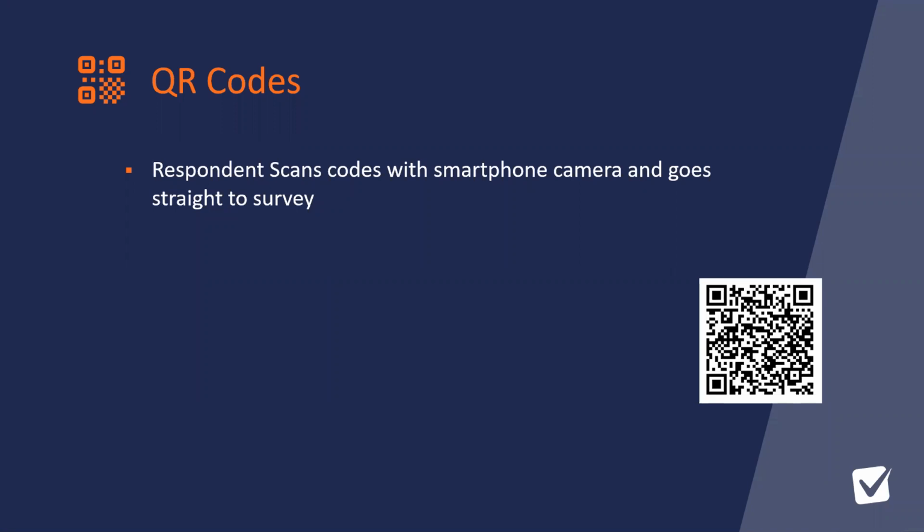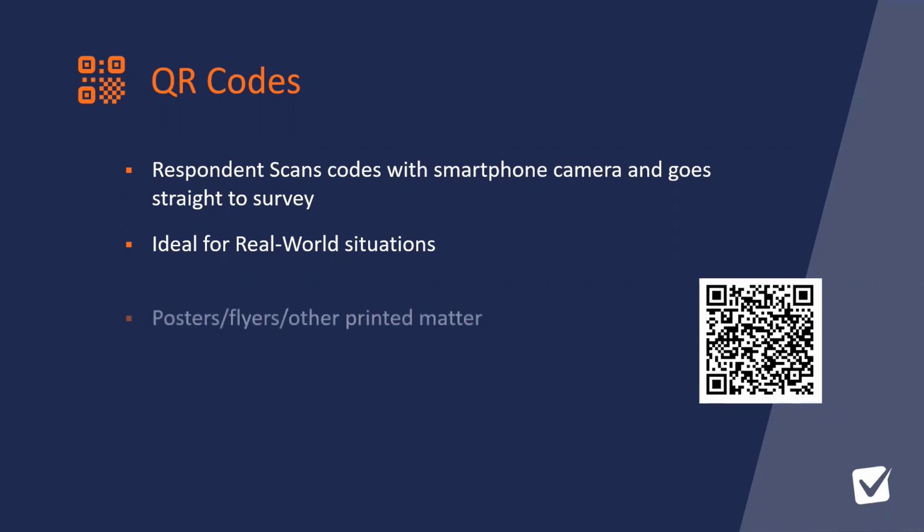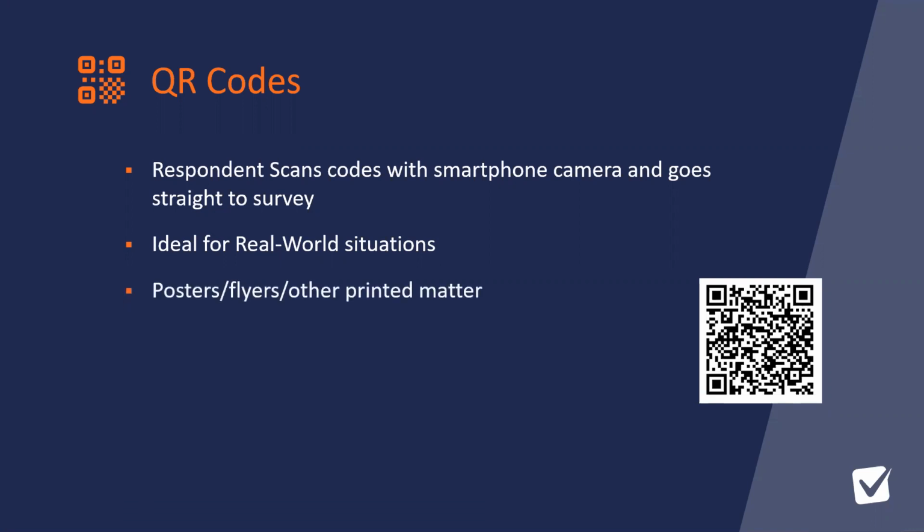There's no risk that they're going to type the link in wrong. This makes them really good for real world situations where you're reaching people out in the field. So point of sale surveys, trade shows or exhibitions, or other printed matter like receipts, handouts, flyers, instructions, user manuals.